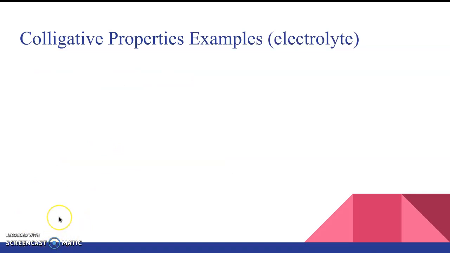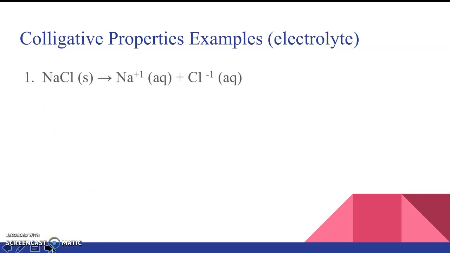One of the reasons colligative properties are typically associated with ionic compounds is because when you have an ionic compound, you end up with even more moles of solute in solution because they dissociate. For example, we have sodium chloride.